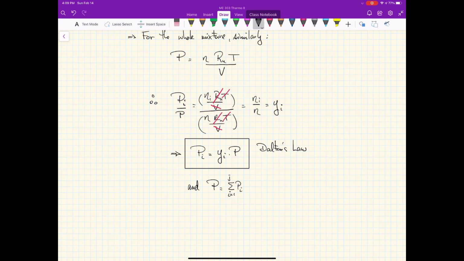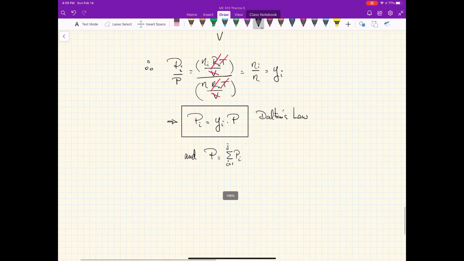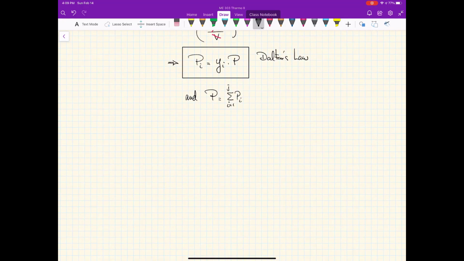So all we're left with is that the ratio of pressure of that individual ideal gas divided by the total pressure in the container must be equal to the number of moles of that constituent divided by the total number of moles of gas within the container as a whole, which we've already defined as the mole fraction y sub i.